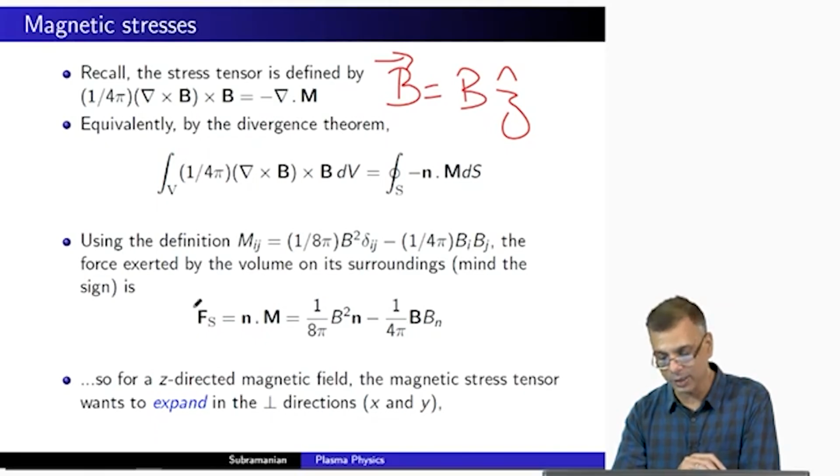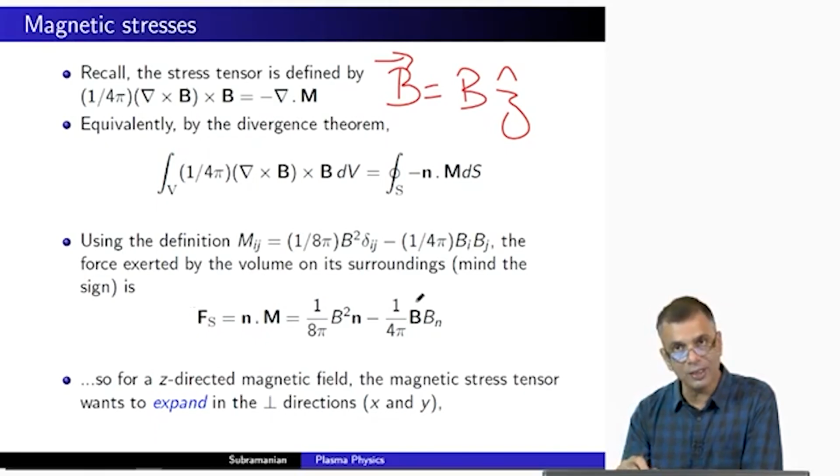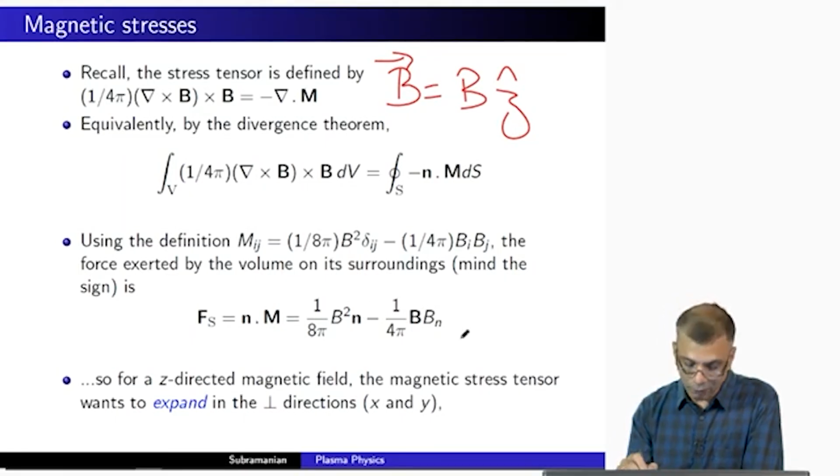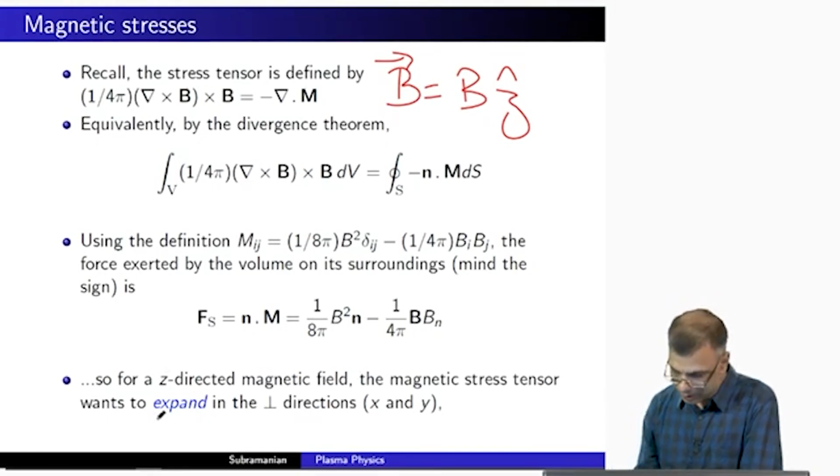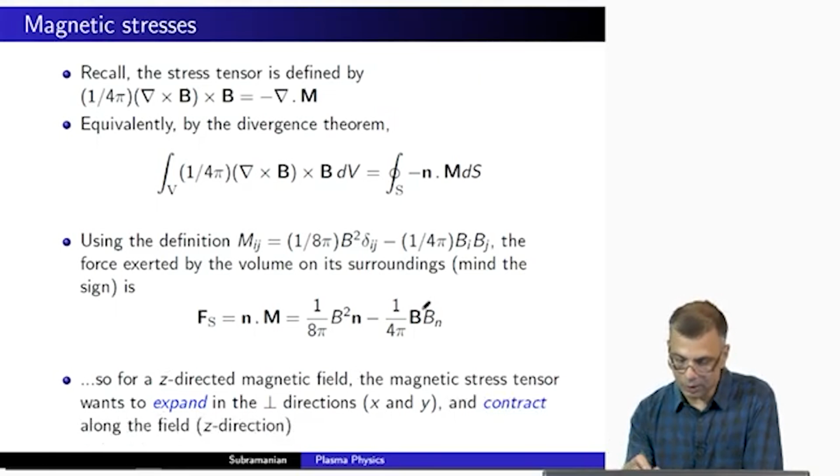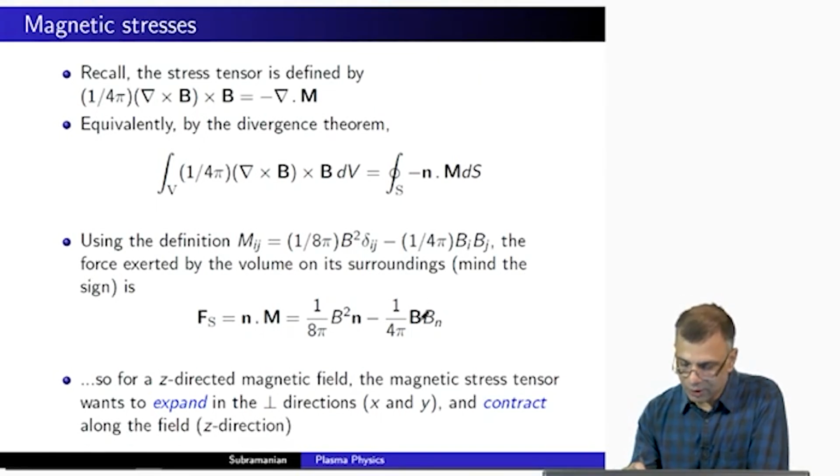That is the question we are asking. So, this B is exclusively in the z direction, and that has a negative sign. You see this, right. So, therefore, for a z directed magnetic field, because this B is exclusively in the z direction and there is a negative sign, there is a force along the negative z direction.